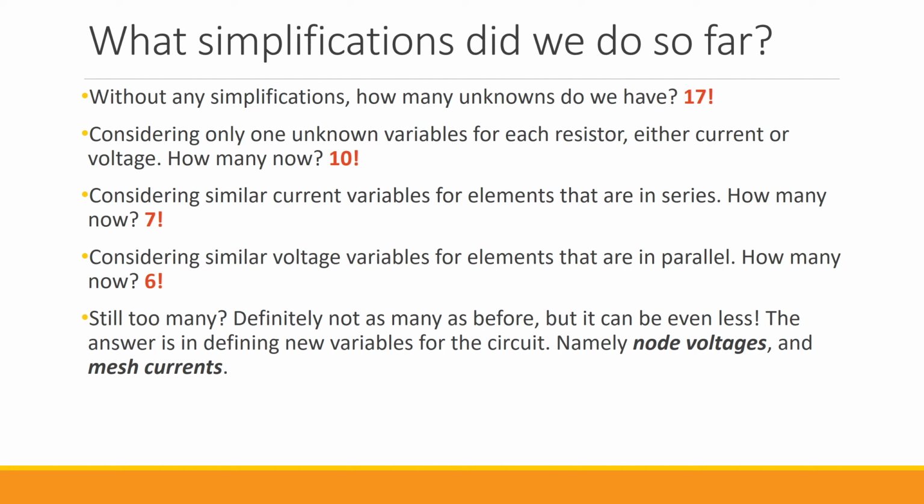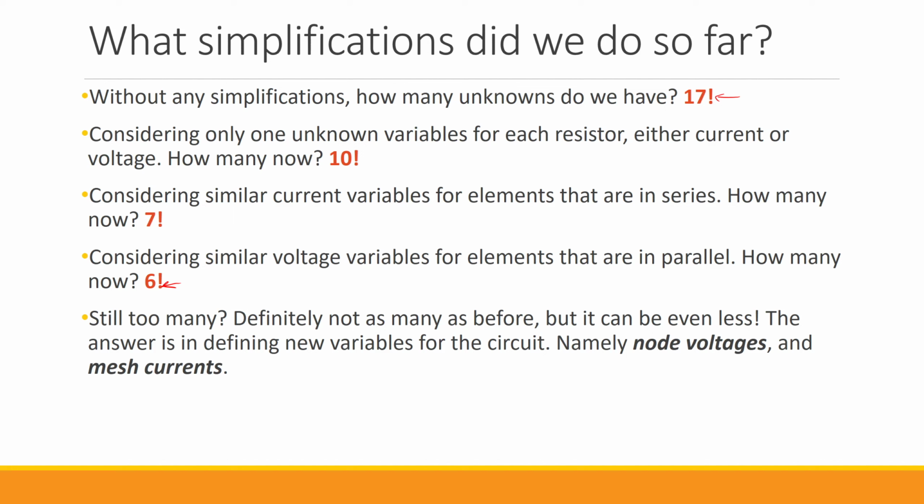So 6 equations for solving that circuit is too many. Of course, it's not as many as we initially started. We started with saying we needed to have 17 equations. But now we got it down to 6, right? So that's so much reduction in terms of calculations that we need to have.